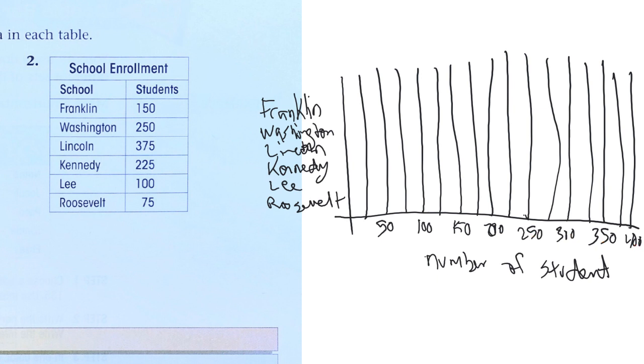So now we can make our graph go. I'm switching colors here. For Franklin, 150. So there's 150 for Franklin. There's a bar.